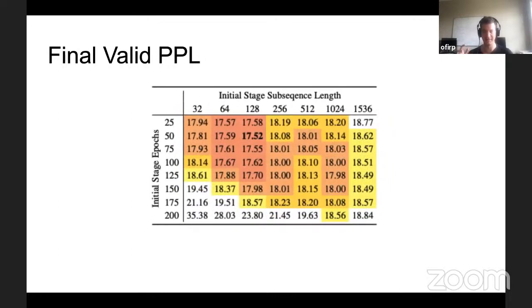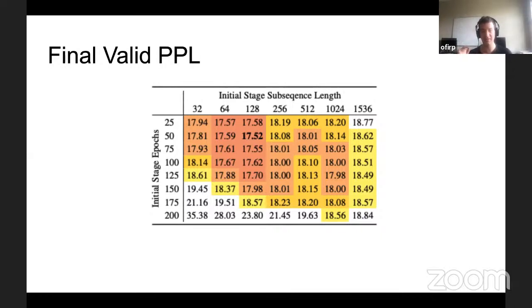Our baseline model achieves 18.6 perplexity. And remember, for perplexity, lower is better. And our best model here achieves 17.5, which is many standard deviations better than the baseline. But what's interesting is that all the highlighted cells here are cells that beat the baseline performance, right?